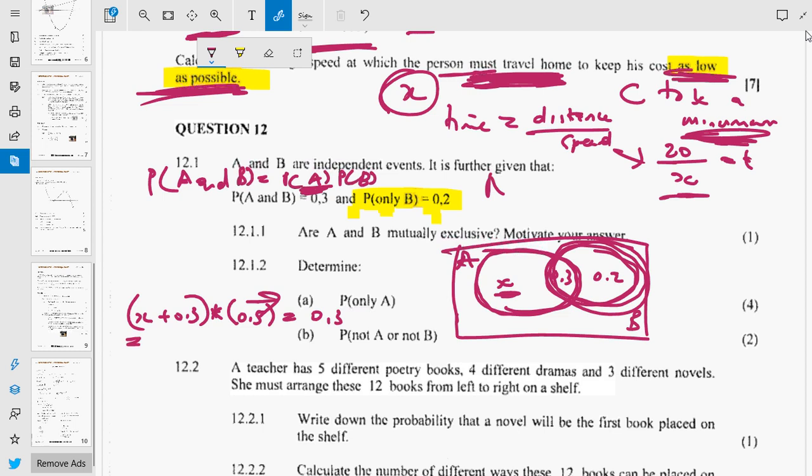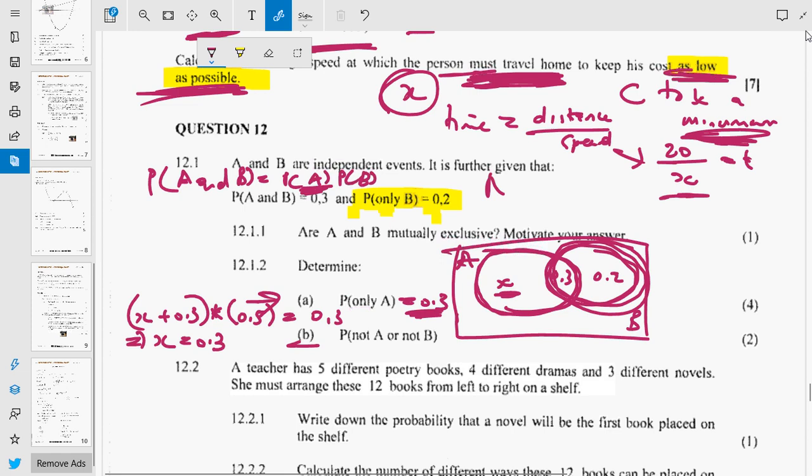So here you have to solve for X. And you'll find that your X is 0.3. So the probability of only A is 0.3. But the probability of A is 0.5. So you had to be a little bit careful here.